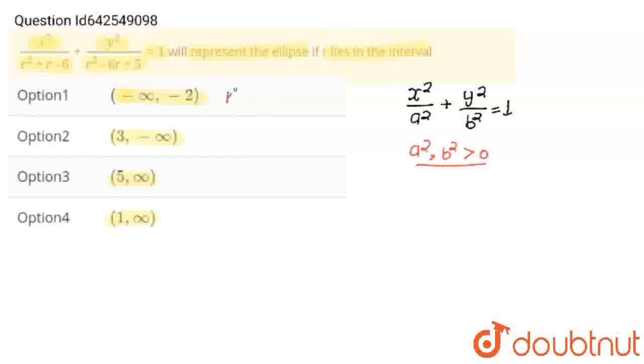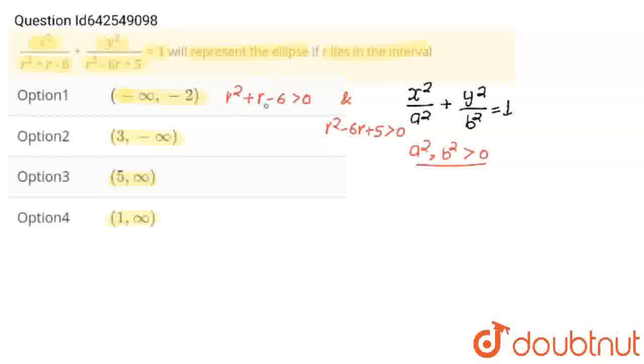So r square plus r minus 6 should be greater than 0, and r square minus 6r plus 5 is greater than 0. So I am going to factorize and solve both, and the values of r which will satisfy both the inequalities will be the values of r in this question.